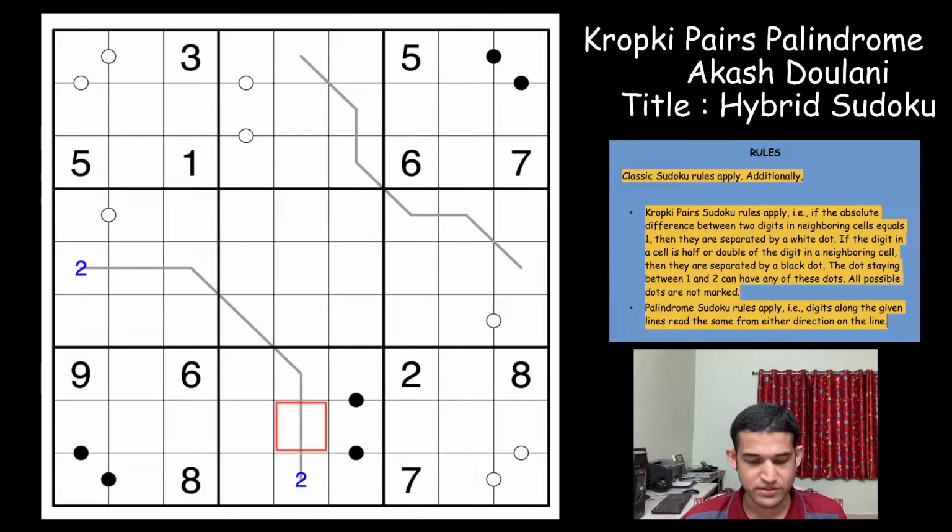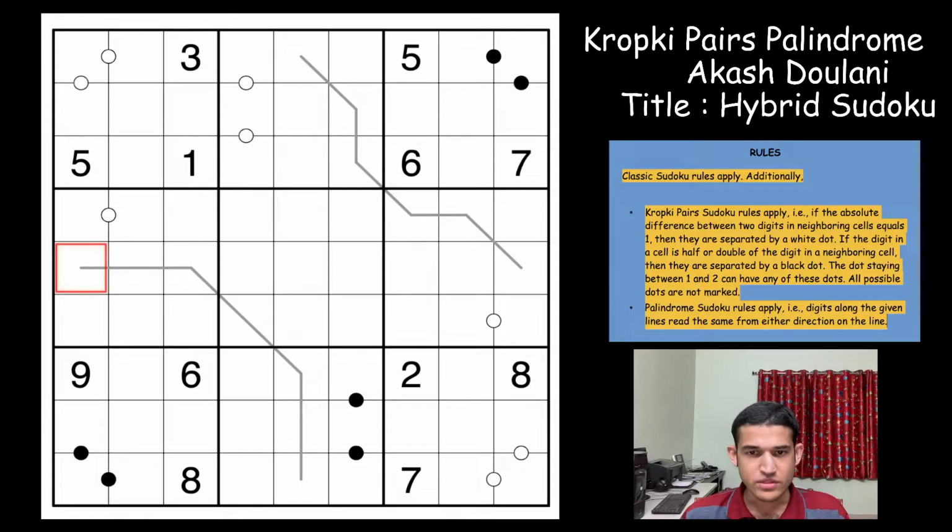And let's say if you have a 7 here, then you must also have a 7 here. So basically the digits need to be the same when you read it from either direction. So these are the rules. An interesting hybrid, I would say. So without much further ado, I'll start solving this Sudoku now.